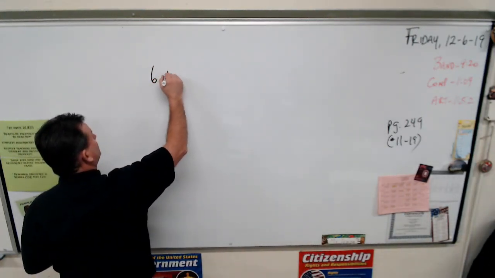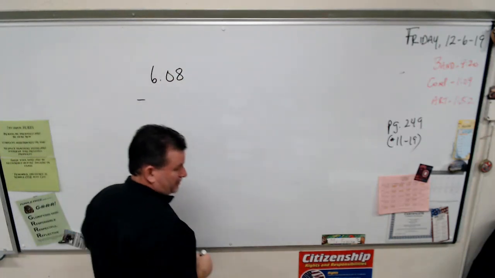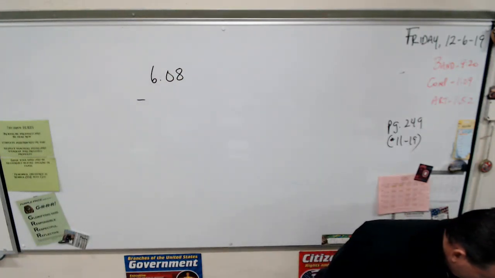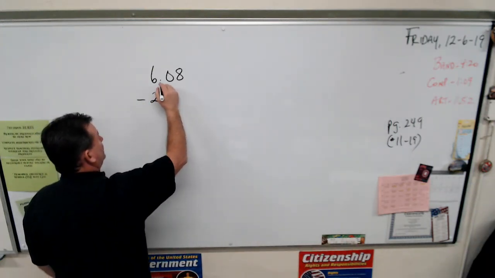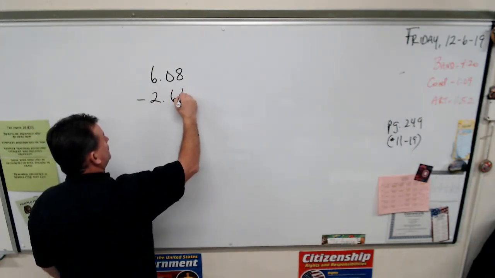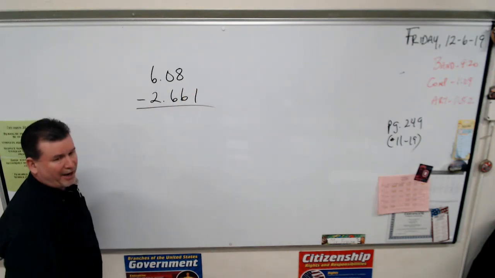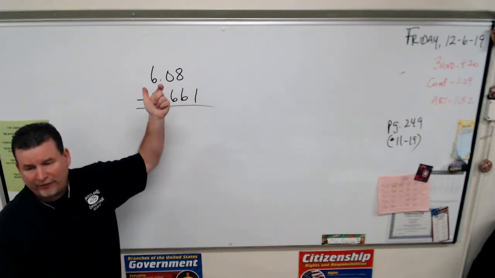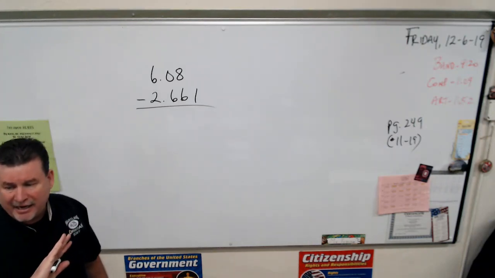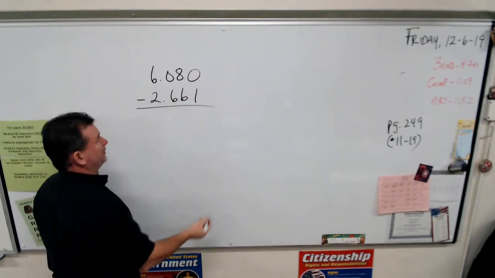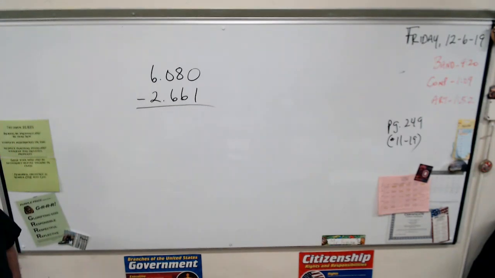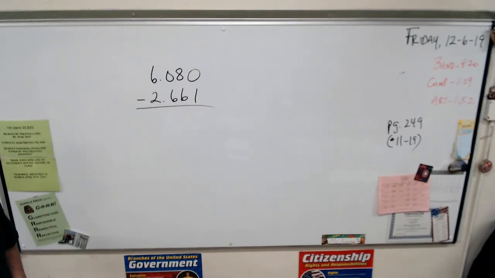6.08 minus 2.661. Evelyn, most important thing, line up the decimal points. Now I go to subtract, there's nothing up here. How do I fix that? I can add a 0 to the end of any decimal number without changing the value. So now I've cleared that up, and it's a matter of remembering how to borrow when you subtract.